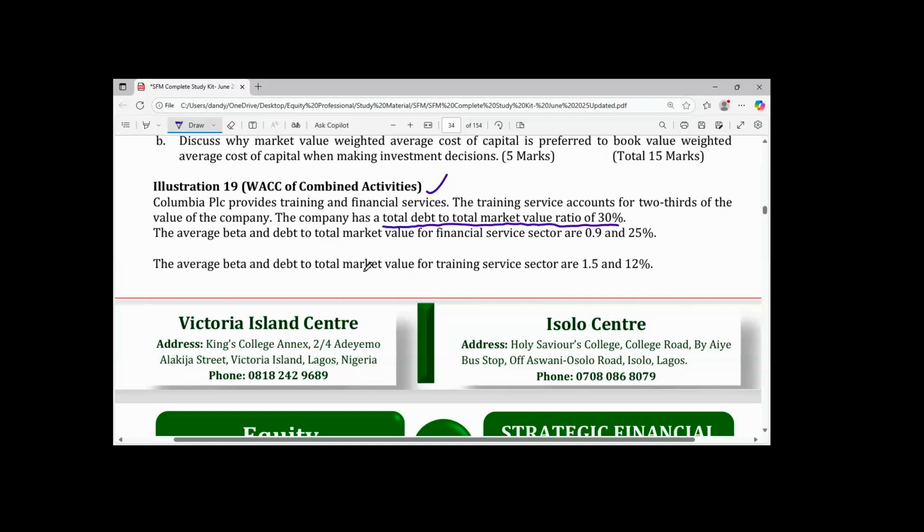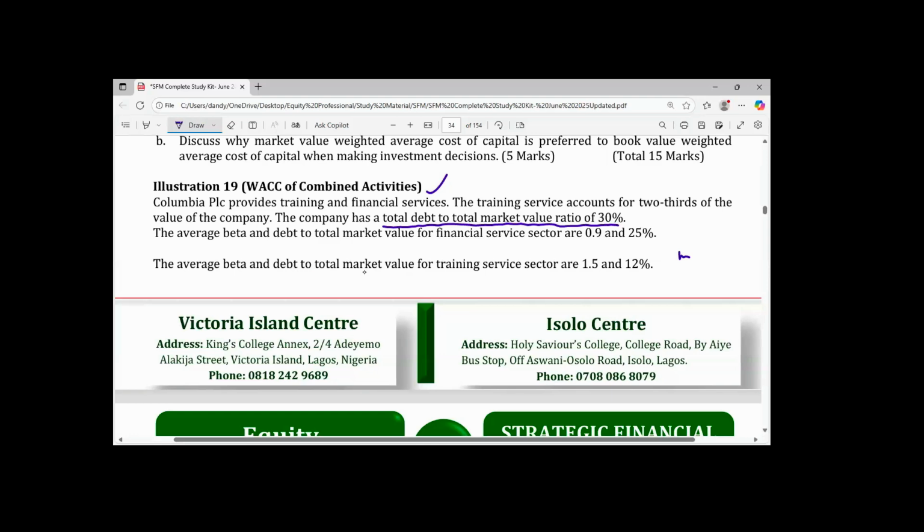The first step is to identify the beta of each activity. What is the beta of training? What is the beta of financial service? Step 2, I will ungear the beta if it is geared. Step 3, I will calculate market value of equity and debt. Then step 4, I will calculate weighted average asset beta.